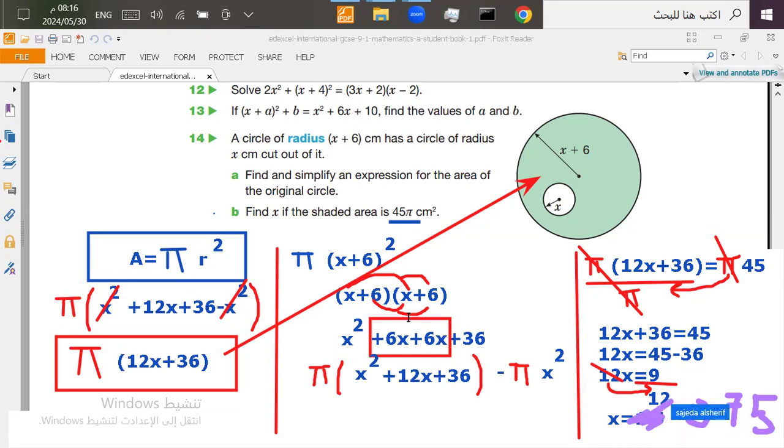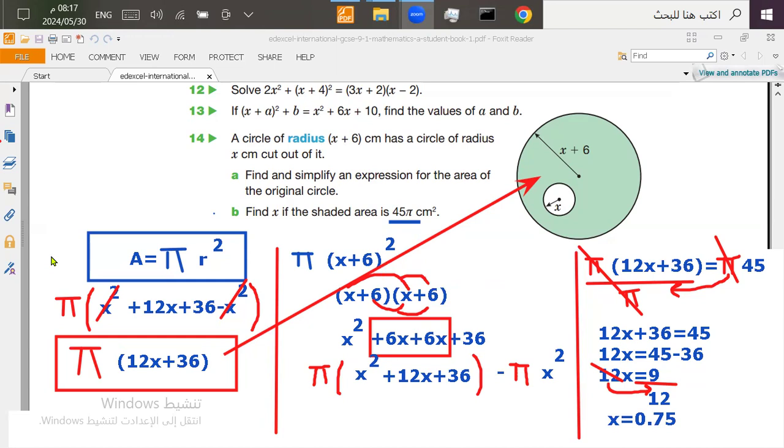Sorry. Let me see. So yes, after dividing 9 over 12, x will equal 0.75, not 1.5. Yes. Now let's move on to the next question.